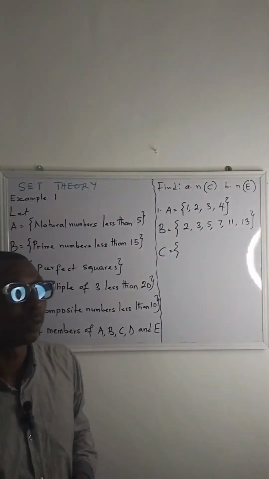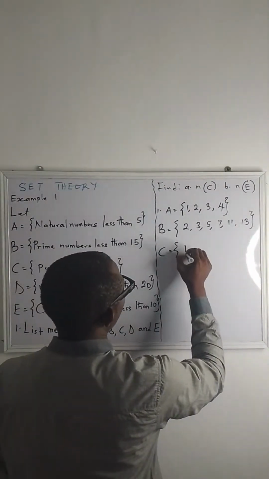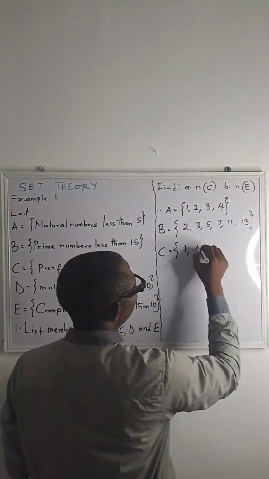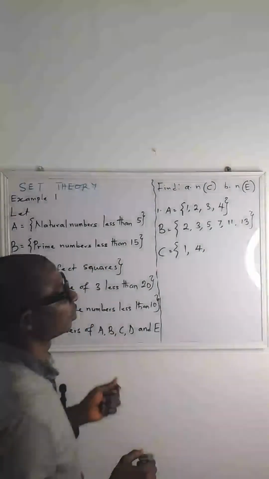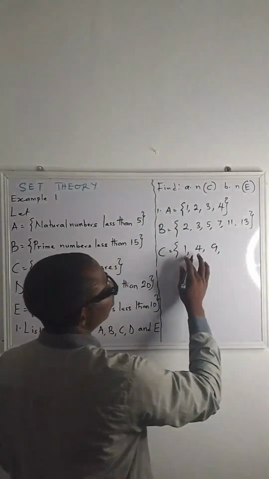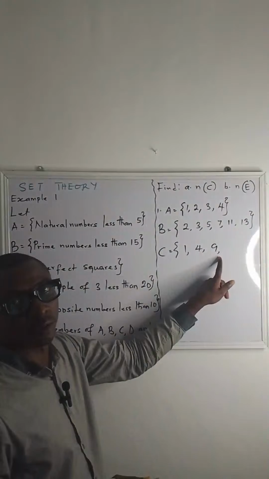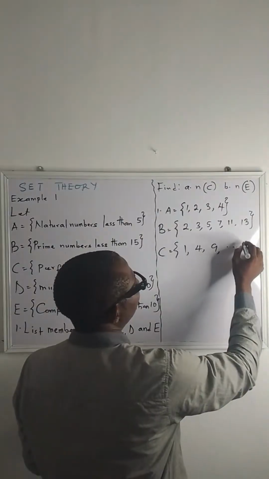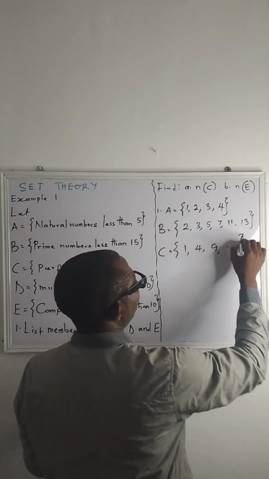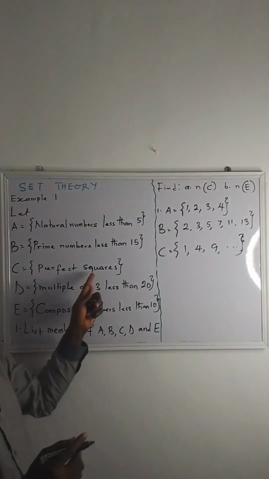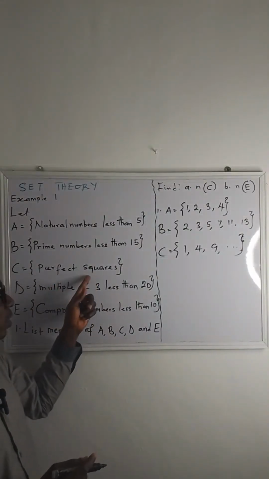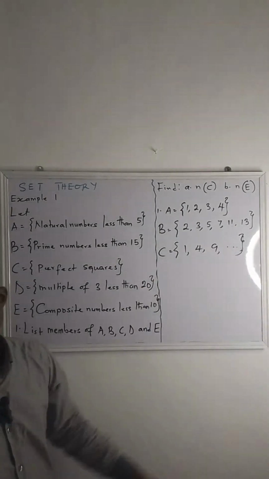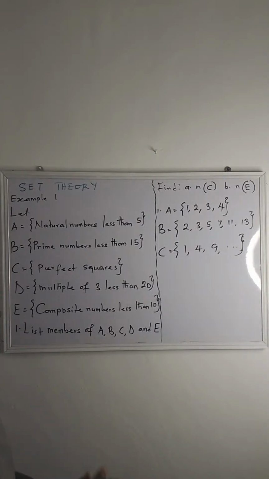So the list is 1, followed by 4, followed by 9. When you find their square roots, you have whole numbers, and so on. Because here we are not given a limit, we just have perfect squares, so it continues. After 9, we have 16, followed by 25, 36, and so on.